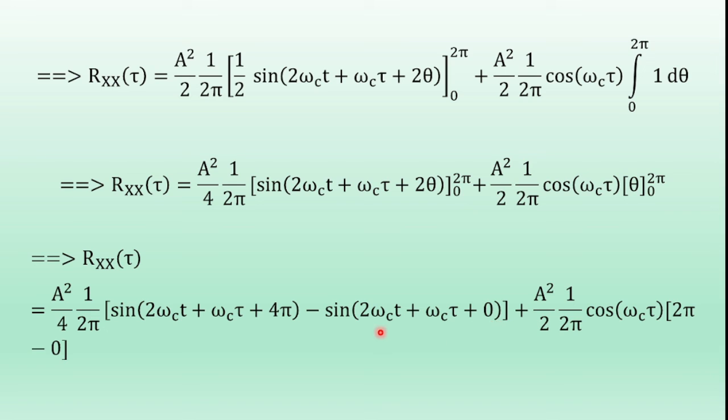The bracket term is 0, so 0 into A square by 8 pi is 0.